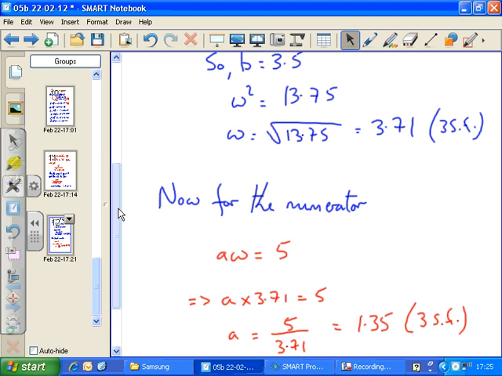Now look at the solution. Looking back, what solution gives us that? A damped cosine wave is a e to the minus bt cos omega t.